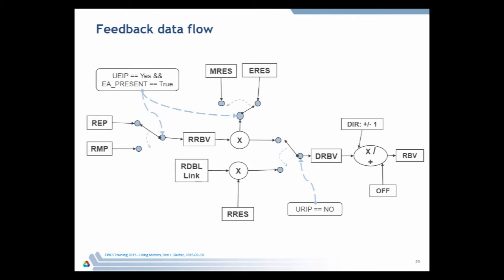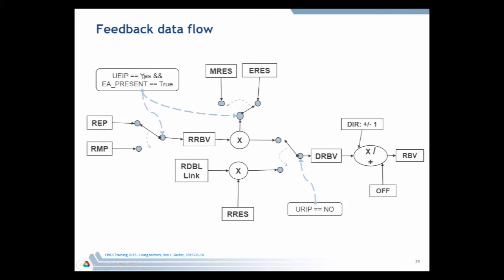This is probably the diagram I refer back to when I'm trying to remember how the motor record works. Basically it's a data flow diagram that has two logic blocks here, one to do with the controller's feedback, and the other one has to do with the feedback coming back from an EPICS PV link.